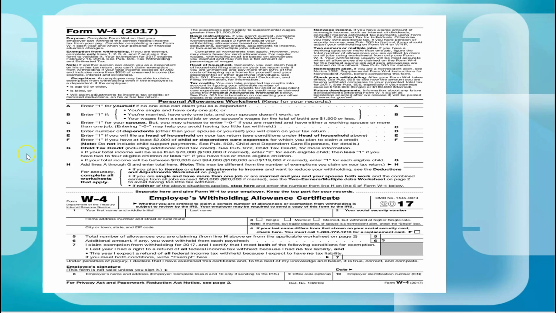It says enter 1 for yourself if no one else can claim you as a dependent, and enter 1 if you're single and have 1 job. So it has various things that you go through before a total deduction number comes on line H. So that's right here.